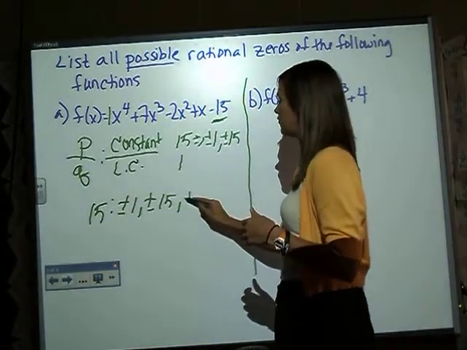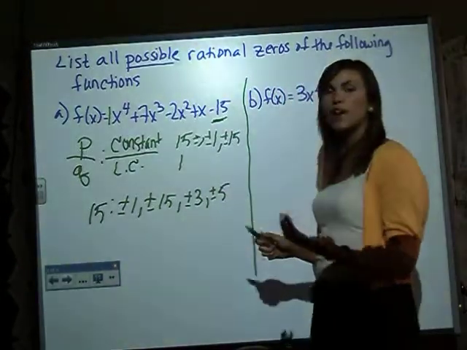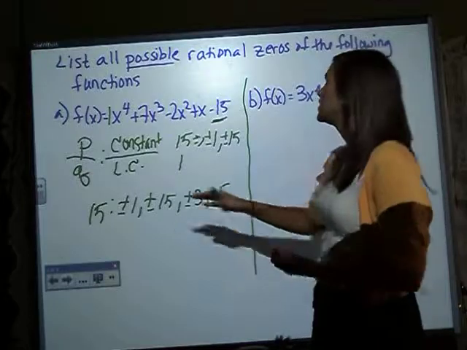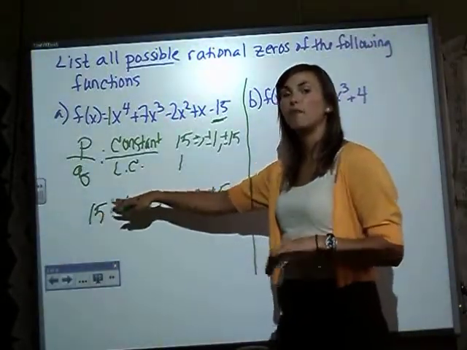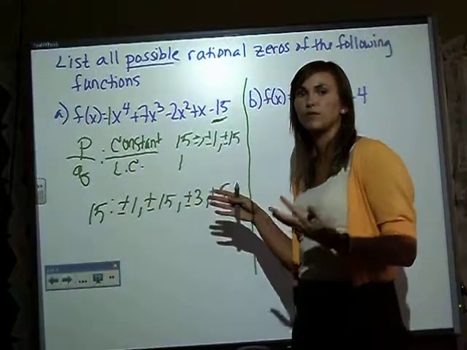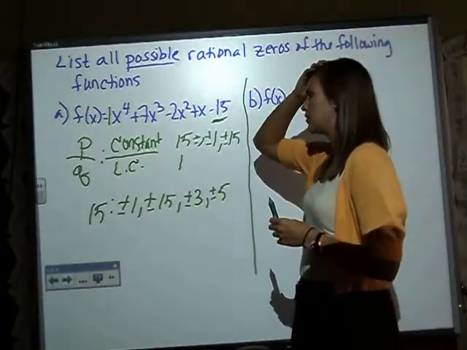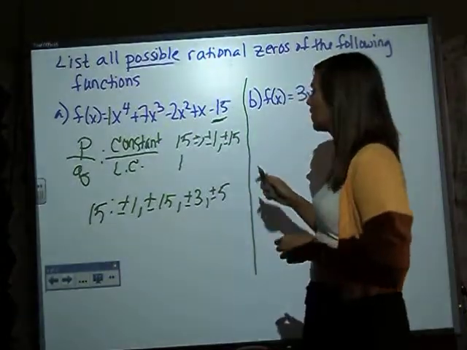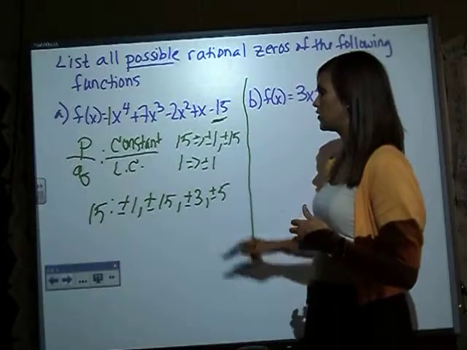We can also have plus or minus 3, plus or minus 5. Now, why are we including a plus or minus? Because if I have negative 1 times negative 15, it gets me 15. If I have positive 1 times positive 15, it gets me 15. So you want to take into consideration all of the possibilities, including those negatives. Okay? And our possibilities here for 1 are just plus or minus 1.